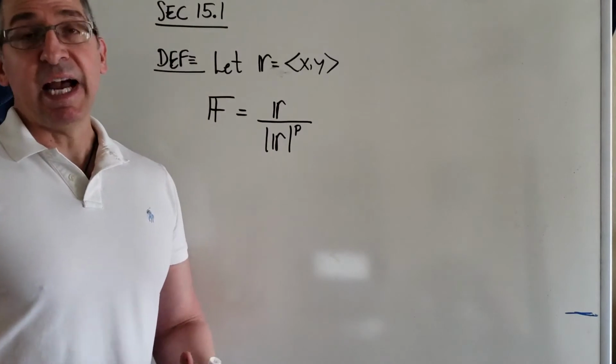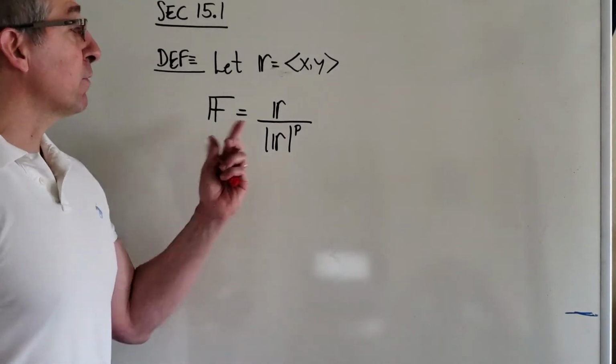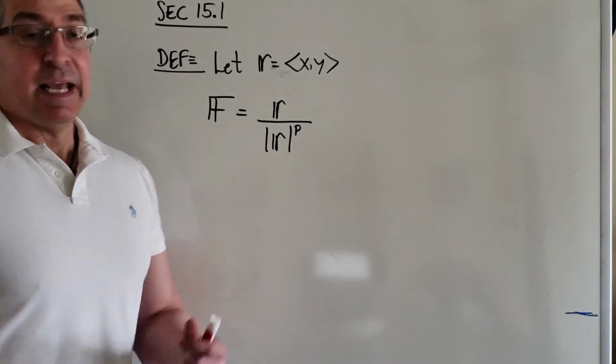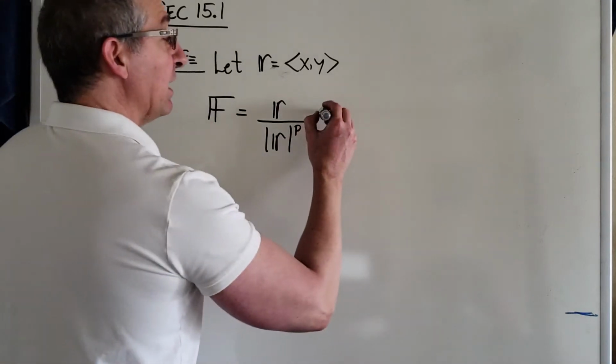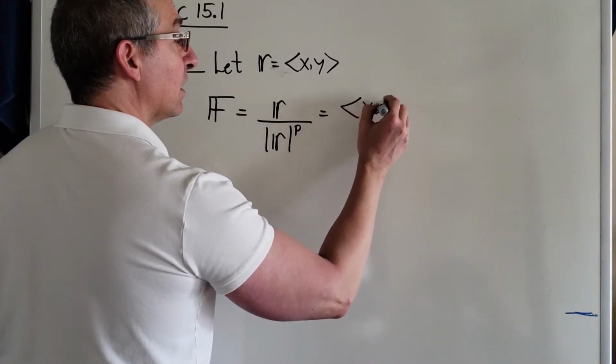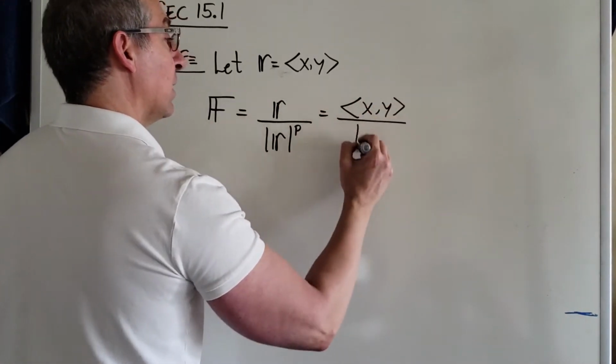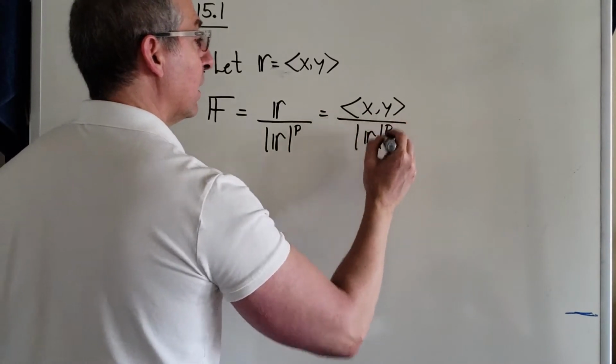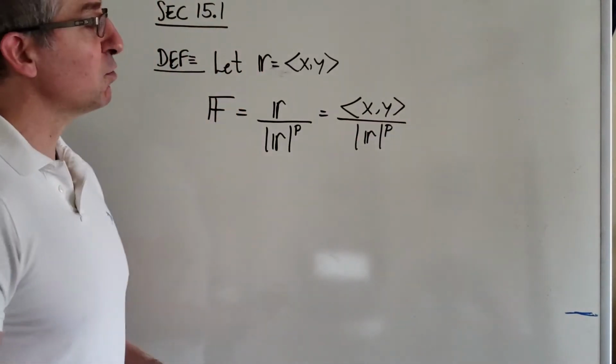This is a special kind of a vector field, gang, and these are referred to as radial fields. Note in this case right here, we can write it like this if you like. Okay, they're called radial fields, and here's why.